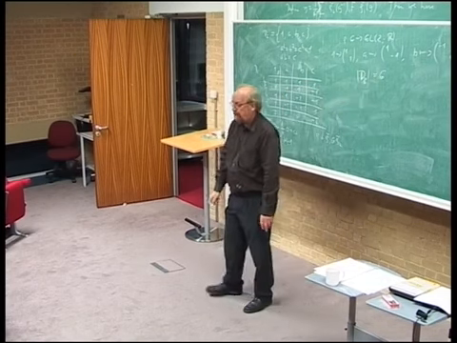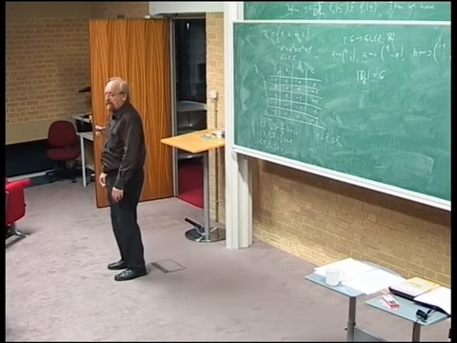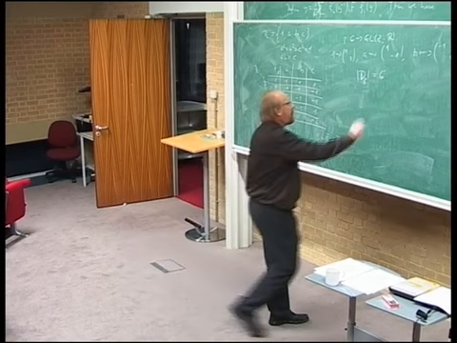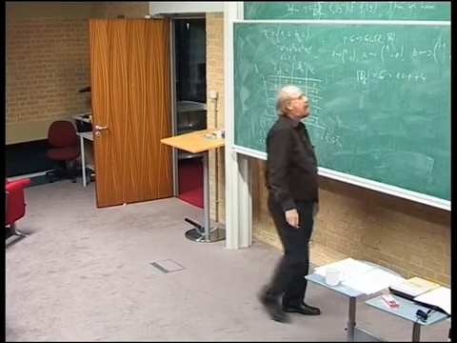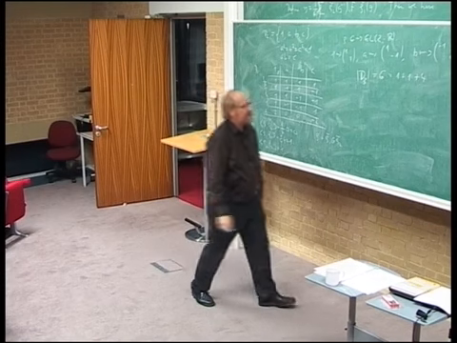So 6 can be written as a sum of squares in one obvious manner: 1 plus 1 plus 4.